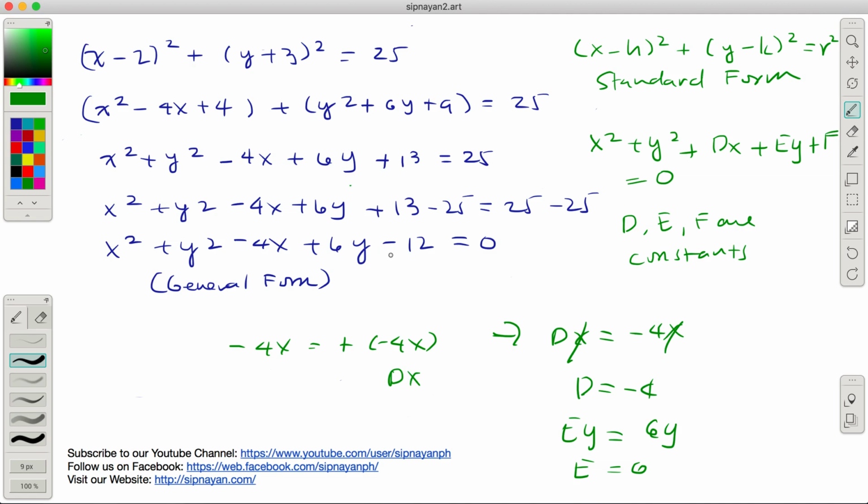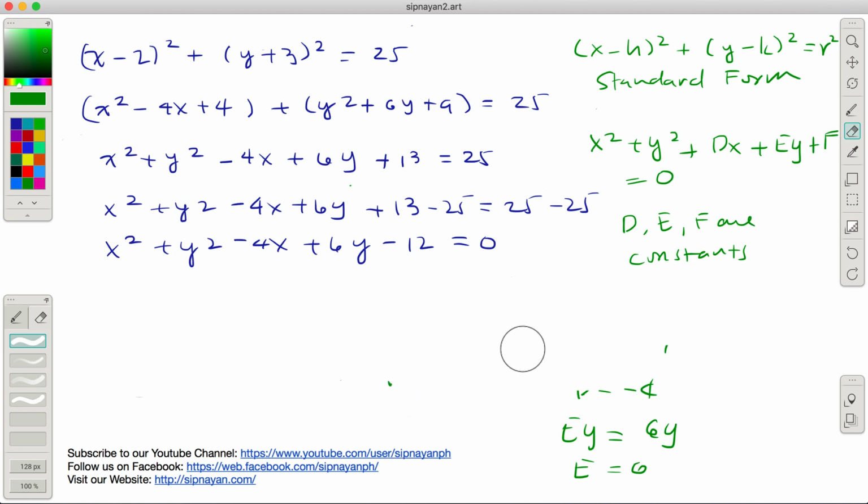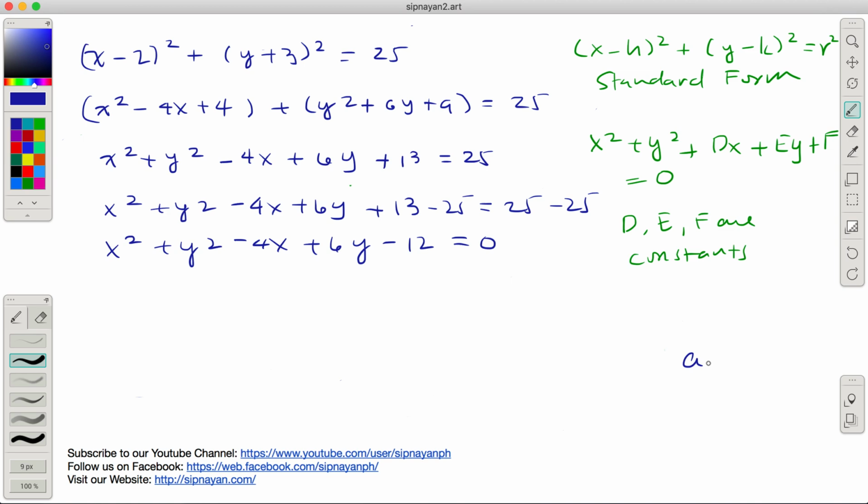So, plus negative 12. Ang pinakamagandang gawin natin dito, if you want to identify yung D, E, F, is to actually transform everything to addition. Kasi addition to, di ba? Addition siya lahat. So, yung lahat ng mga minus, i-plus negative natin. Di ba naalala nyo, A minus B is A plus negative B. So, palagi ko yun inuulit sa mga videos. So, ibig sabihin, x squared plus y squared plus negative 4x plus 6y plus negative 12 equals 0.